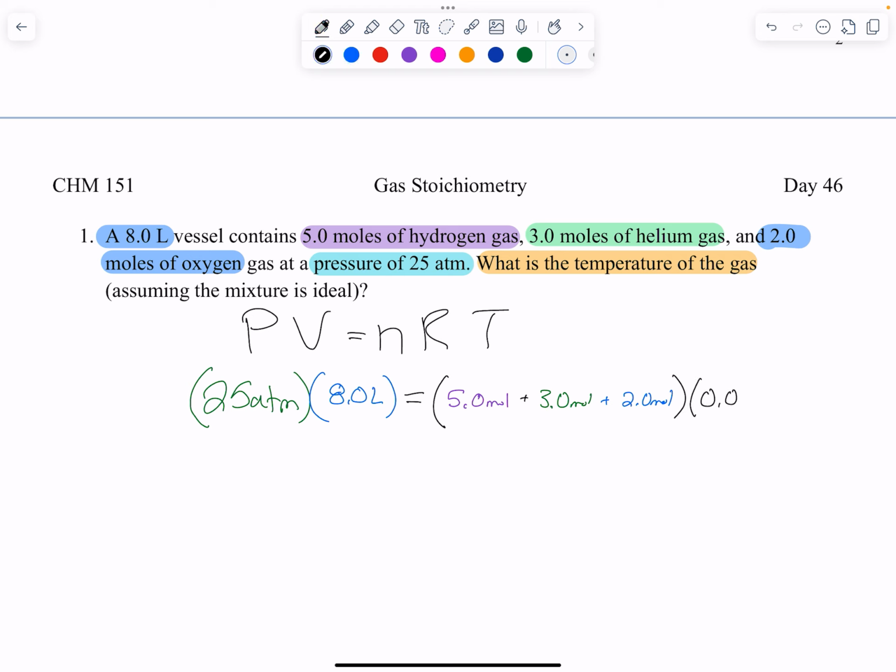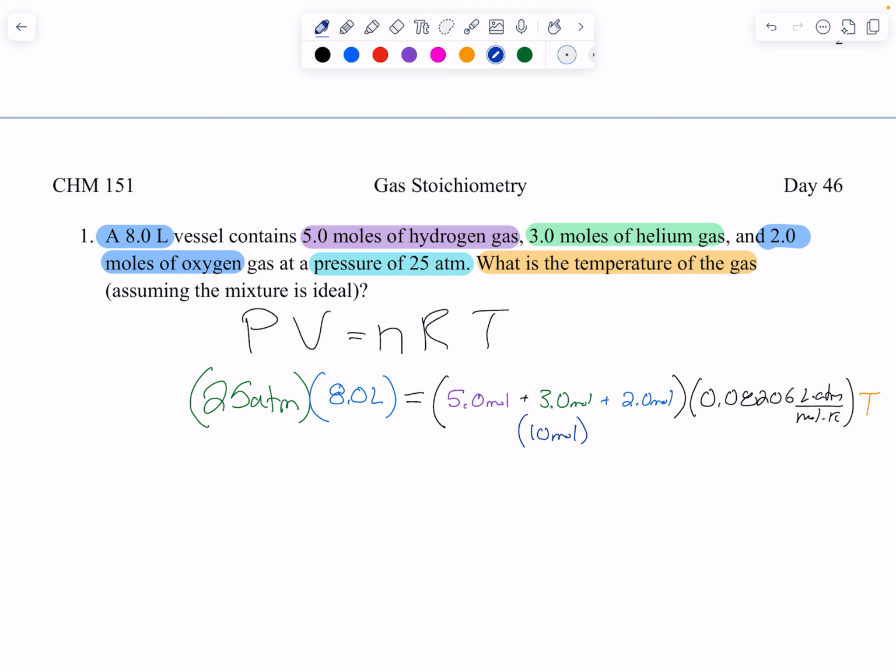R, 0.08206 liters atmospheres per mole Kelvin, and we don't know what T is. All right, so that means it looks like we have 10 moles total, don't we? That's what it looks like we have.